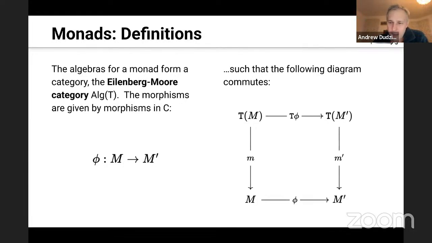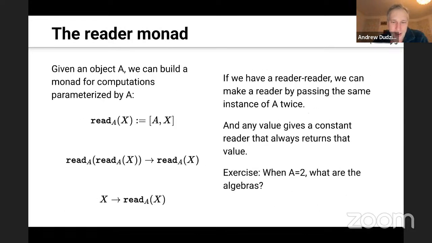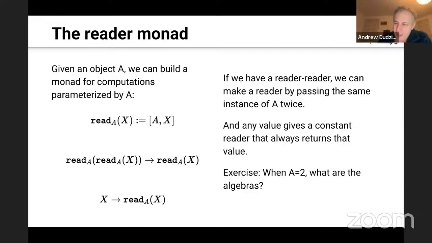So as far as the semantics for A equals 2 versus A equals 3, I'm not sure if this is known. Let me put it that way. I'm not sure if the answer is known for A equals 3, but there is a reasonable characterization for A equals 2.